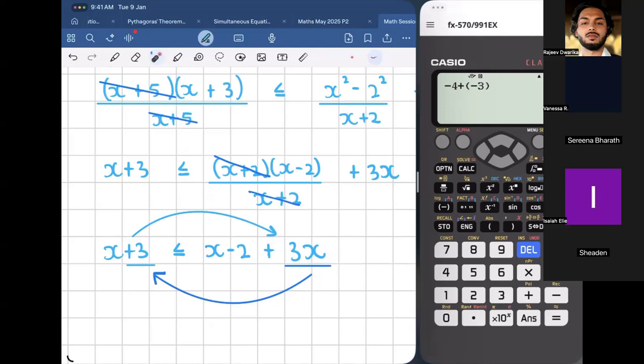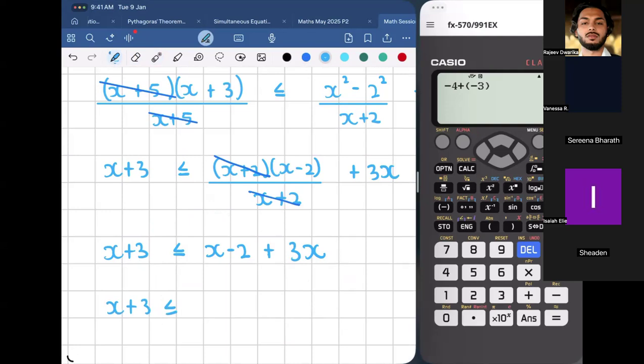But let me simplify, and then you will see what I was talking about, right? Let me simplify before we move on. But nah, I won't tell you. You'll see it eventually. So I'm going to write back x plus 3. If you look at the right hand side, what are the like terms on your right hand side?